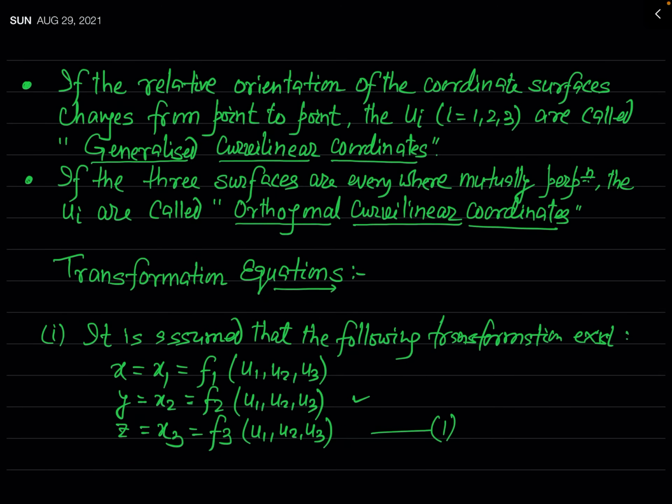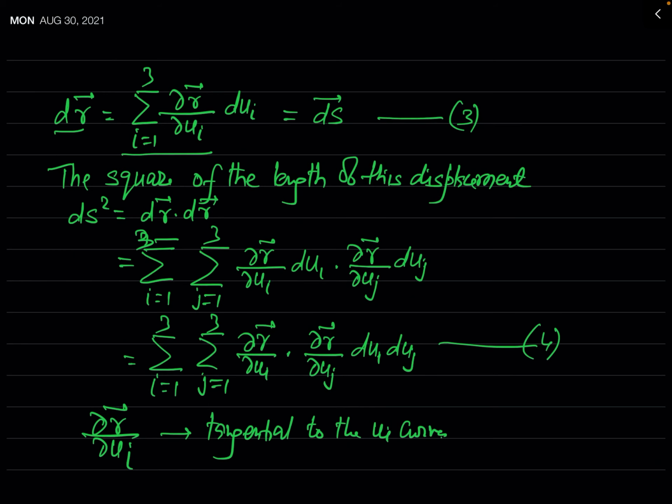So these vectors del r by del ui are the vectors tangential to the ui curve at point P. You can consider that these tangential vectors are represented by a particular symbol.